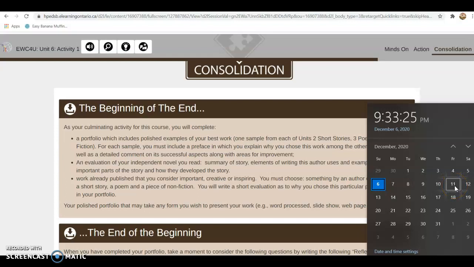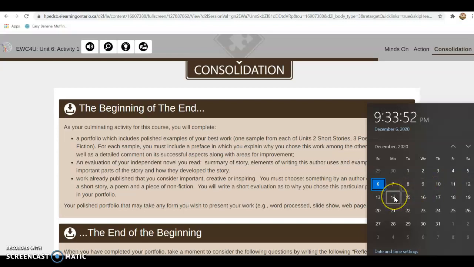I'm giving you, I think, until the 11th, is when I've indicated that that's due. My report cards are due on the Monday. So absolutely, the 11th is the cutoff point in which you can hand in the assignment to be evaluated for your final mark. As of the 11th, I will be entering final marks in, and there is no changing that. When my marks are due, I am not able to go back into the system and change it.